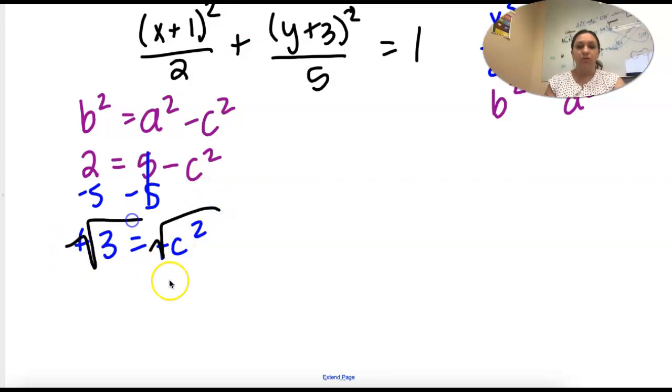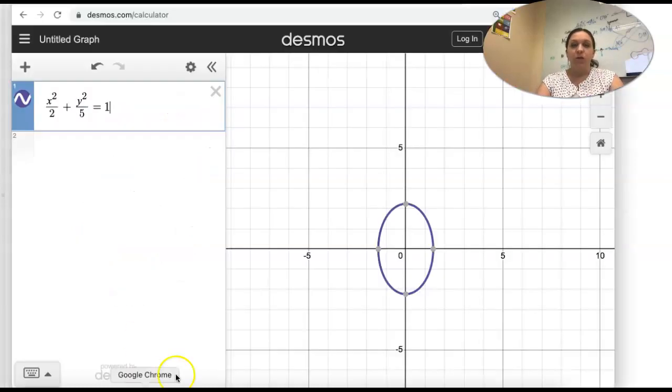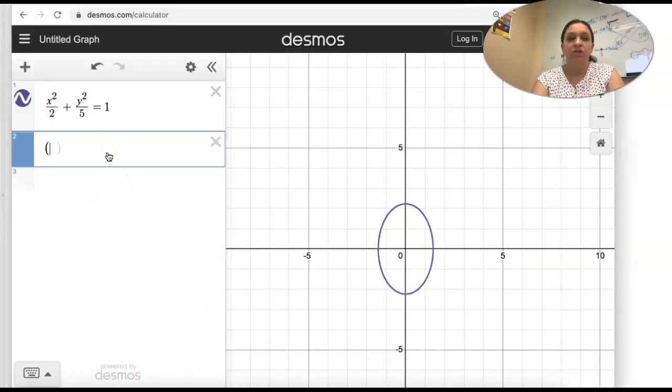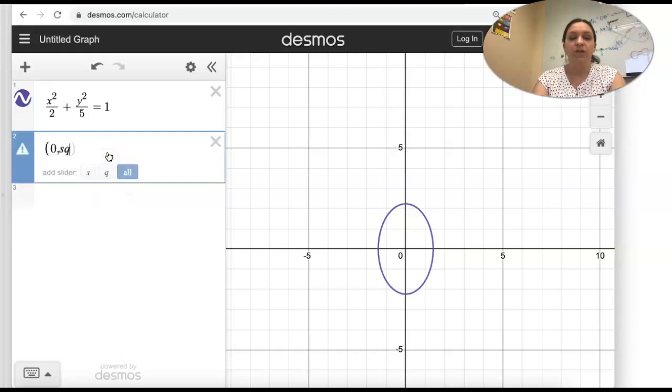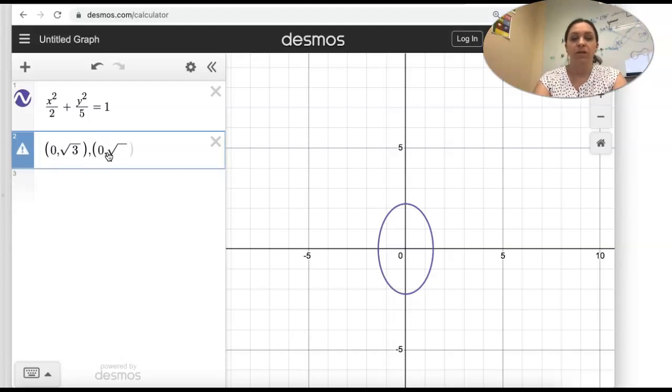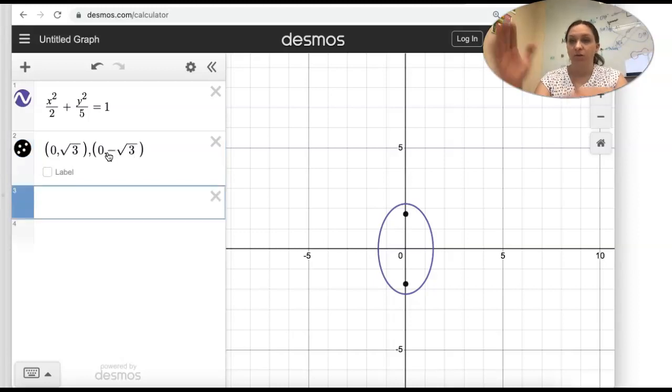So when I square root both sides, c is plus or minus square root of 3. So that would be our focus. Just remember this time they're in the y value spot because our a value is on the y-axis. Okay, it's along the y-axis.